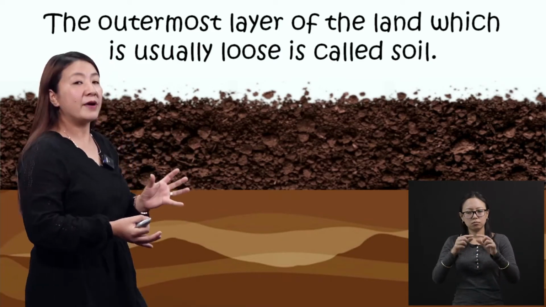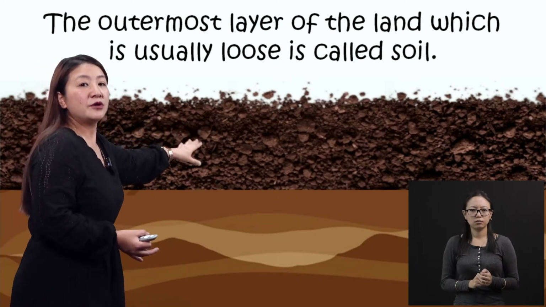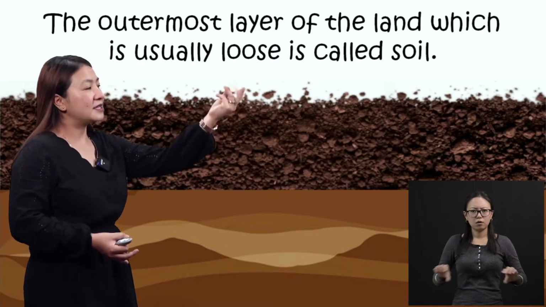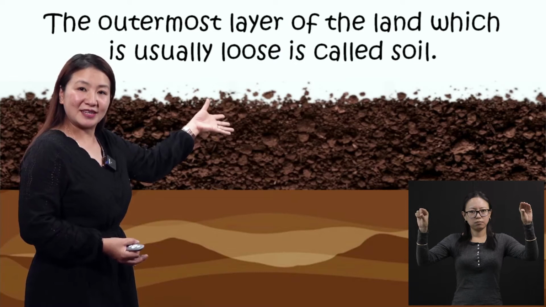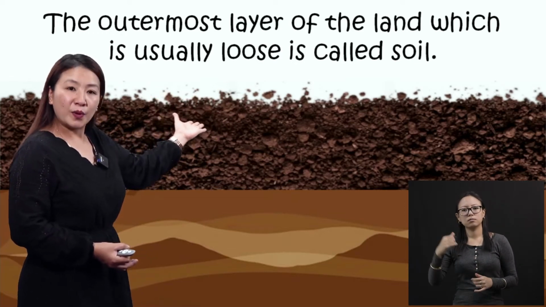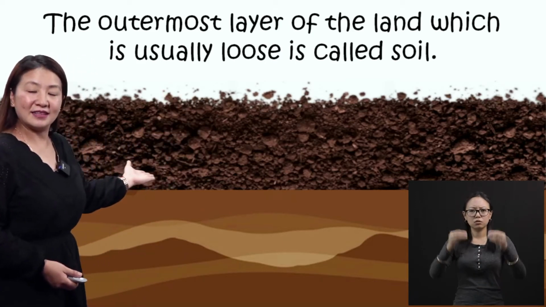And we live above the earth. So that layer, the outermost layer of land, you can just mash it with your hands like this. It is usually loose. Okay? So that outermost layer of land, which is usually loose, is called soil.